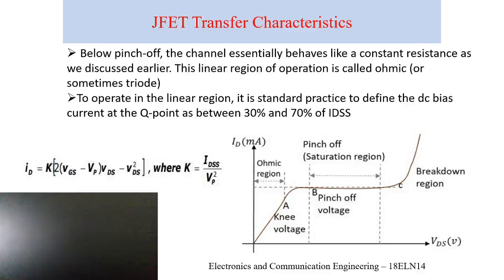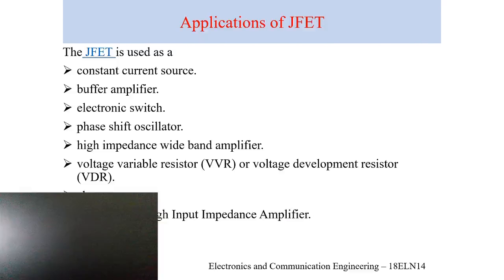And finally, if the VDS voltage goes beyond control, it goes to the breakdown region. So these are the regions of operation in which the JFET transfer characteristics can be represented.